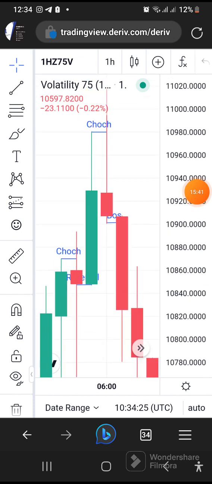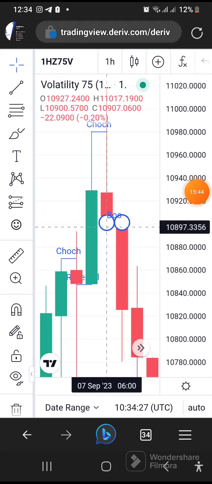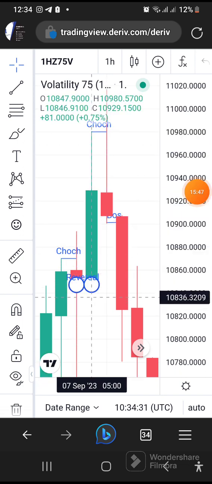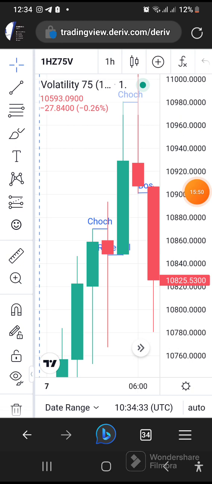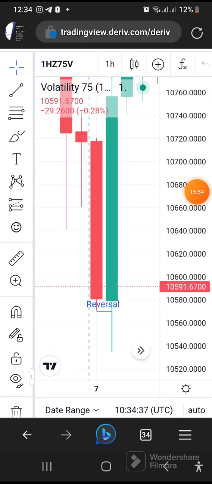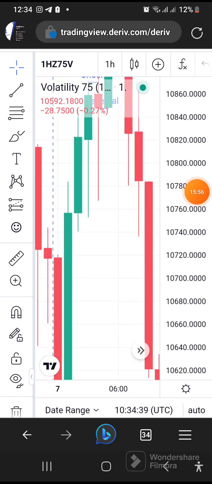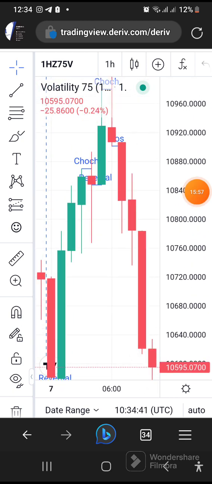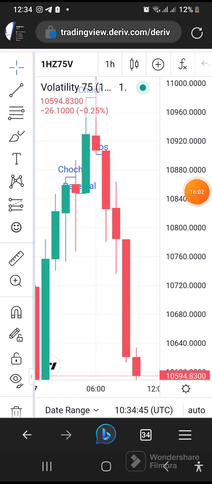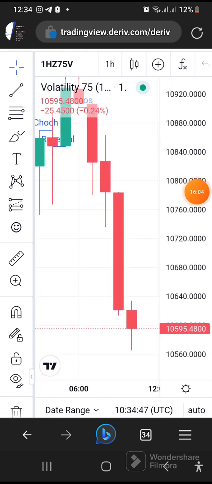We've marked out our break of structure there, our change of character there, our reversal there, our change of character, our reversal there from the higher low, and yes guys, you know it, we've also marked out our break of structure there, our continuation.